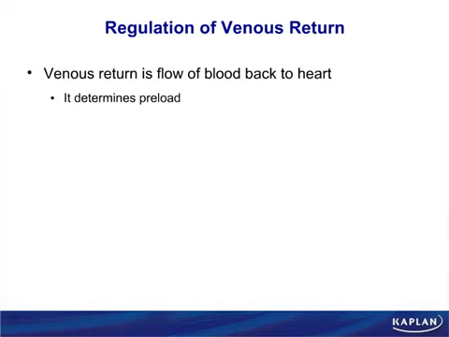Venous return is the flow of blood back to the heart. So if I break the circulation down, I can talk about output, that's cardiac output, that's what's going into the aorta. Venous return, on the other hand, is a flow of blood back to the heart. The reason this is so important is because venous return determines preload.